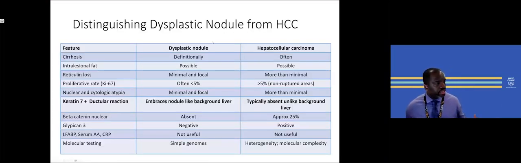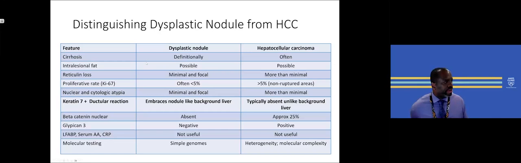And so I've included a table here to illustrate how I distinguish between dysplastic nodules and hepatocellular carcinoma. Without repeating all the things that I said previously, one thing I'd like to highlight is that keratin 7 can be quite helpful in this context. It's highlighted in the WHO as a useful tool.